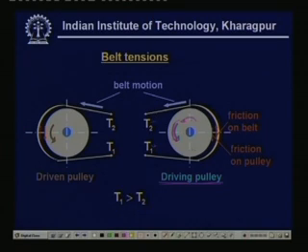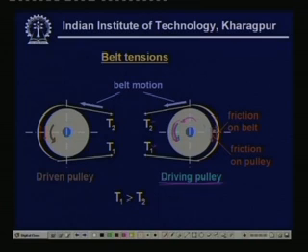Now, the simple idea of friction will suggest the following. Just for the purpose of explanation, this belt has been drawn a little away from the pulley. Actually, it will be touching, but just for explanation we are putting it a little away from the pulley. So, when this pulley starts rotating, the simple nature will say that this belt will employ a friction force onto the pulley in the direction as shown over here.